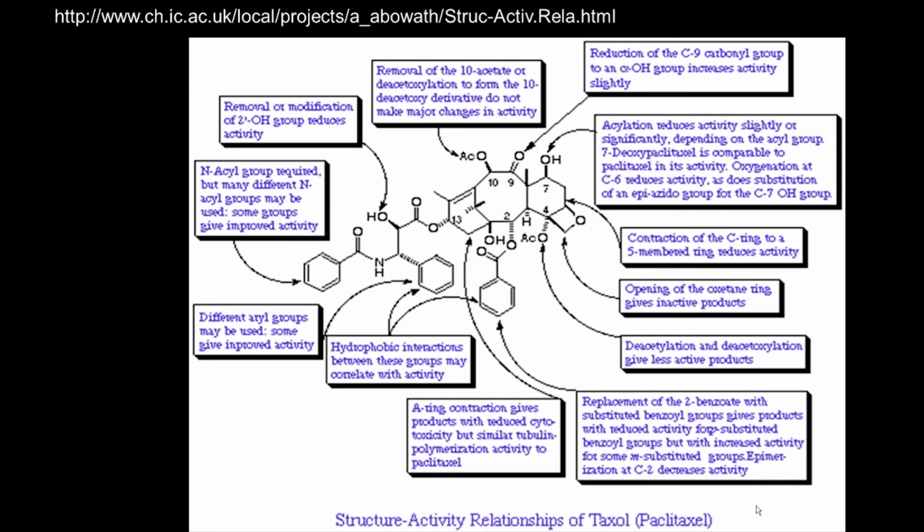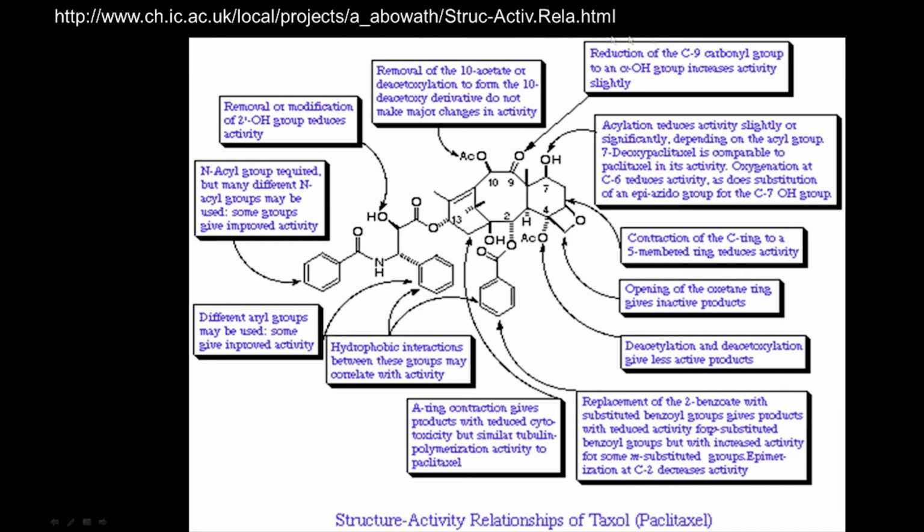So in the second generation, a lot of changes were made to the parent molecule to improve the water solubility, and later on salts of this were also made to improve its water solubility. So the current Taxol has better bioavailability and water solubility unlike the original.